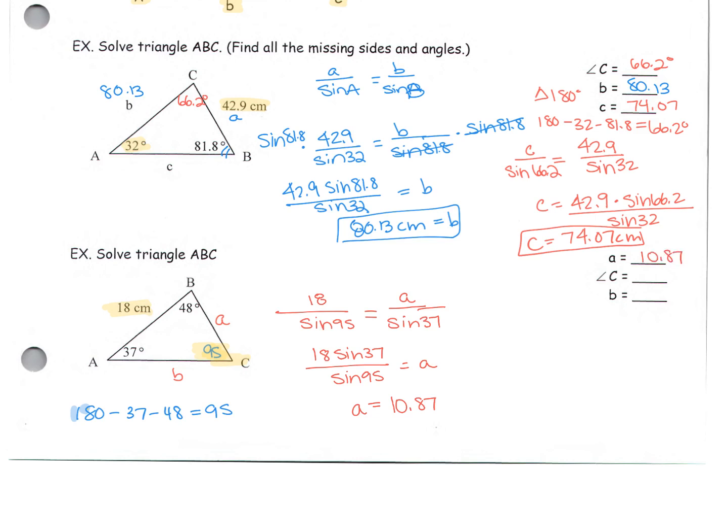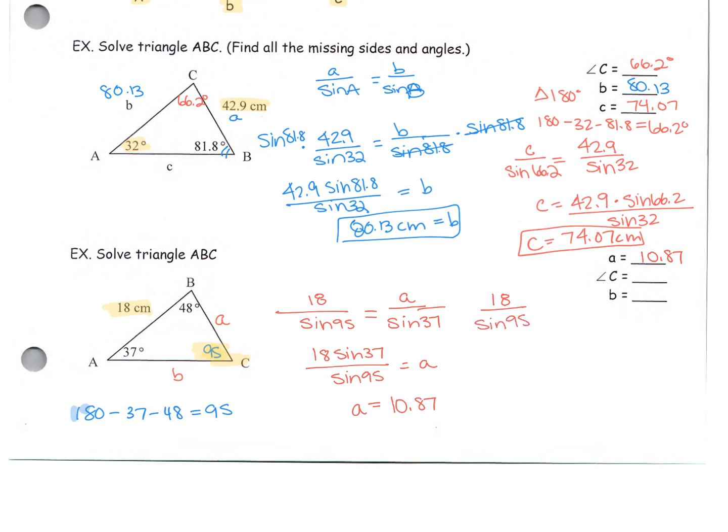At any time, pause the video and try to put this calculation in your calculator. Make sure that you're not getting a calculator type error because we want to make sure we figure that out for you. And now I have to do it all over again to find side B. So I'm going to start out with my original 18 over the sine of 95.